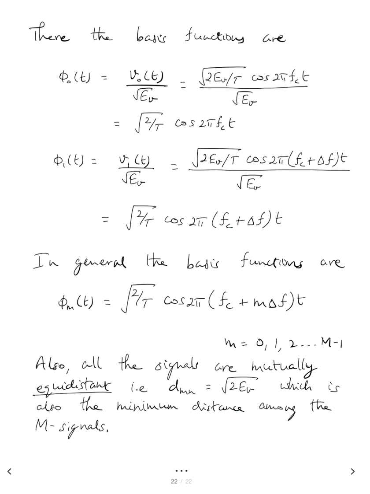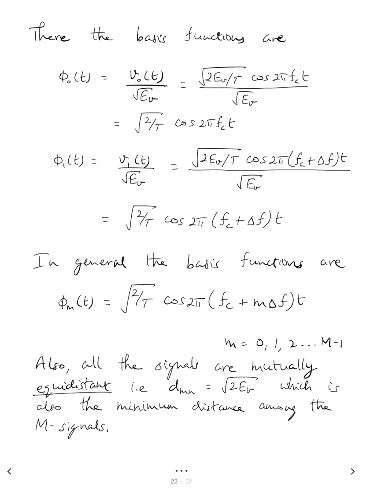The whole trick is in choosing the value of delta f. If we choose delta f to be 1 by 2T, the minimum frequency separation needed, or any integer multiple of 1 by 2T, we can ensure that all these frequencies are orthogonal to each other. So we have seen how to create signals which are orthogonal in the frequency domain.